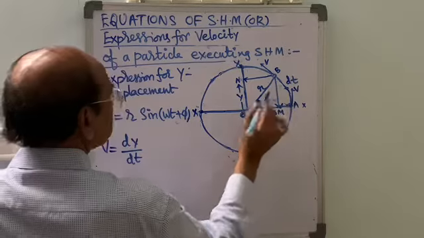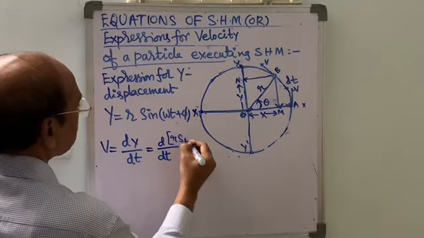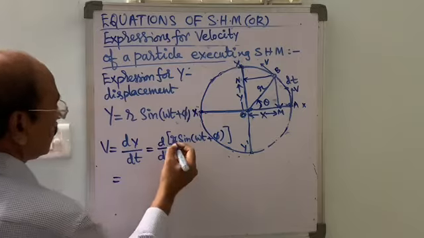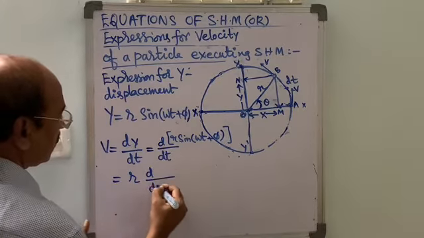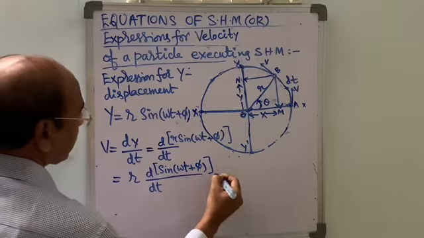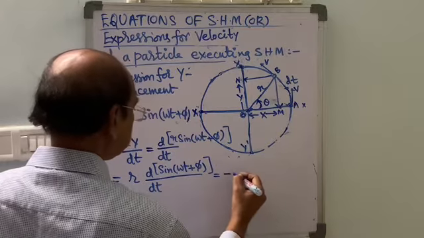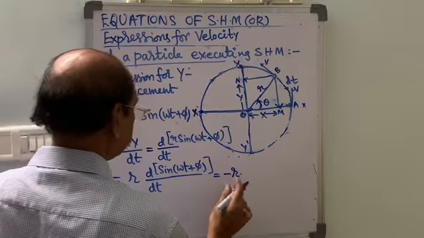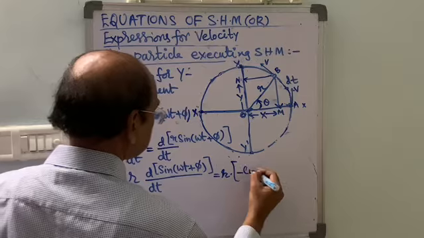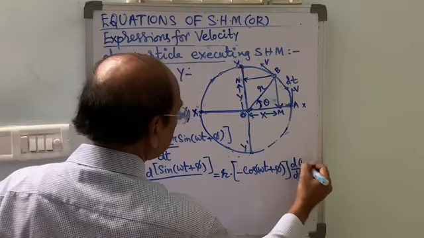Time interval d theta. Therefore, since R is a constant, R into d by dt of sin is equal to cos. So this may be written as R into cos(omega t plus phi) into d by dt of (omega t plus phi).